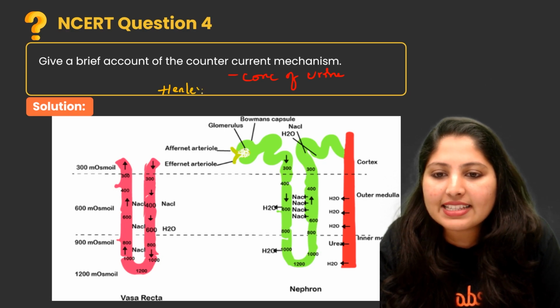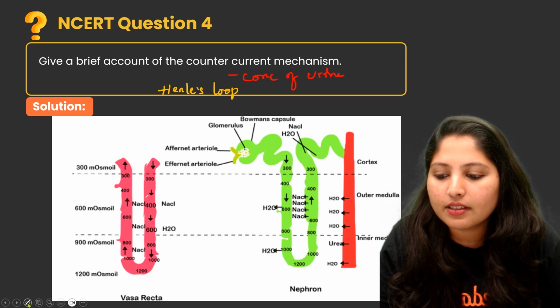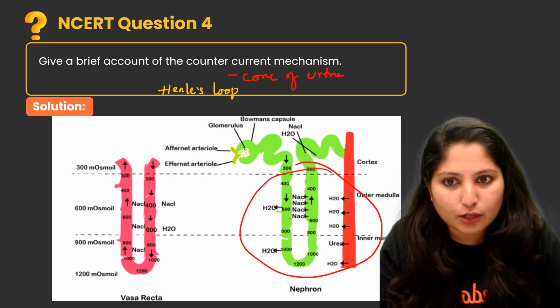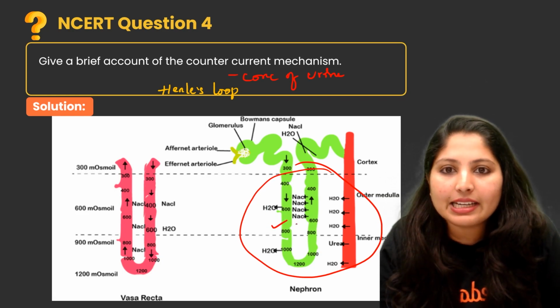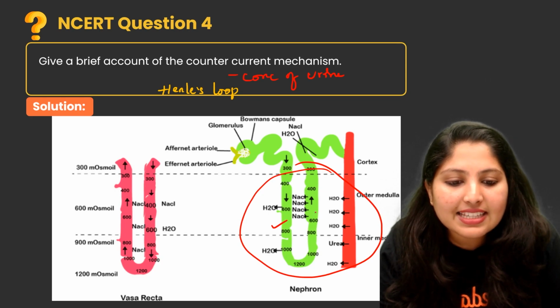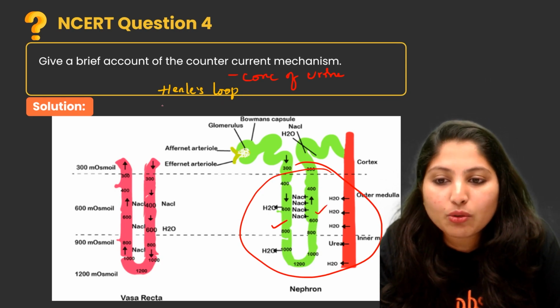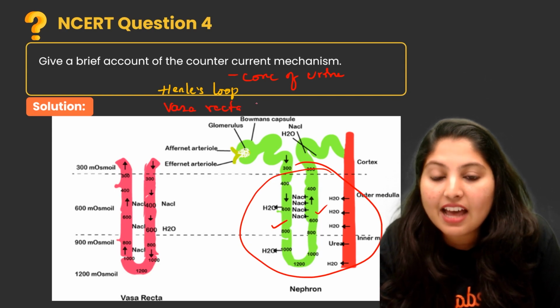This particular part is Henle's loop. This Henle's loop has a descending limb and an ascending limb. The second one is the vasa recta.